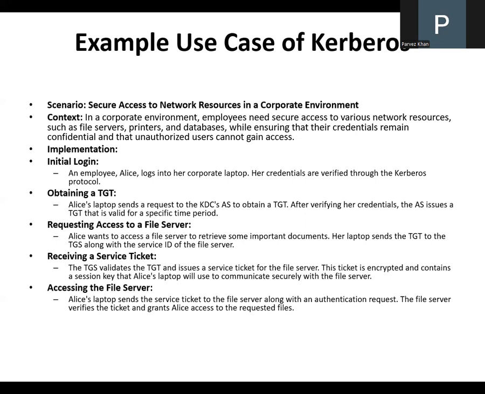So her laptop sends the TGT along with the service ID to the TGS. The TGS validates the TGT and issues a service ticket for the file server. This ticket is encrypted and contains a session key to communicate securely with the file server. Along with the authentication request, the file server verifies the ticket and grants Alice access to the requested file. This is the use case of accessing a file with the TGT token.